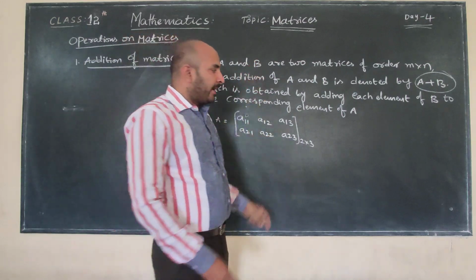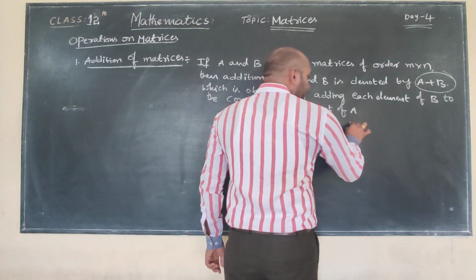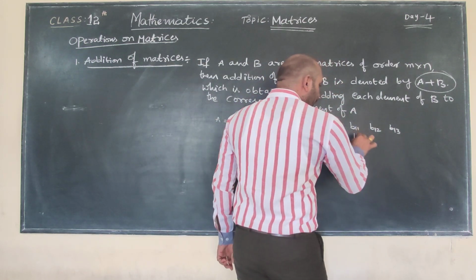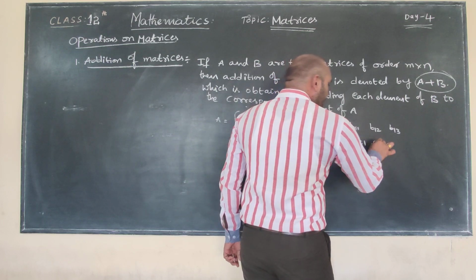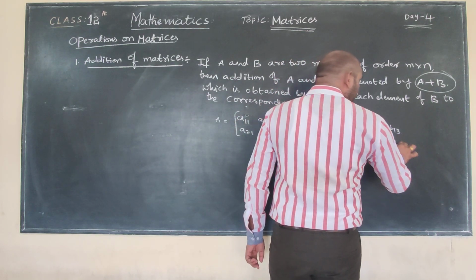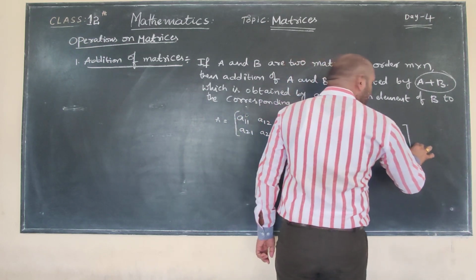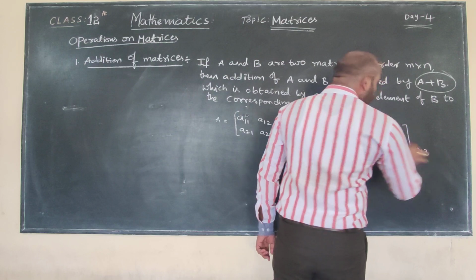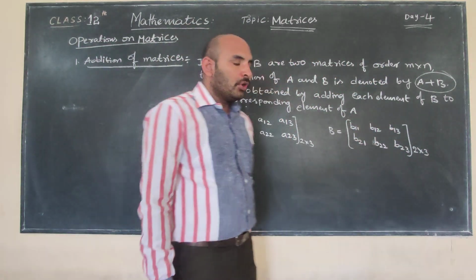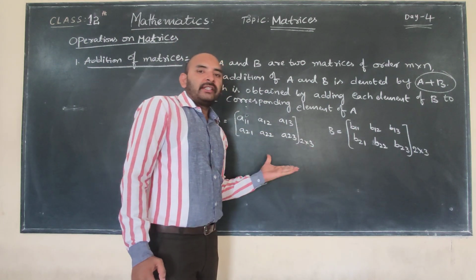Let us take the second matrix B equal to B11, B12, B13, next B21, B22 and B23. This is also another matrix with order 2 rows and 3 columns. So now, how do we add these two matrices?